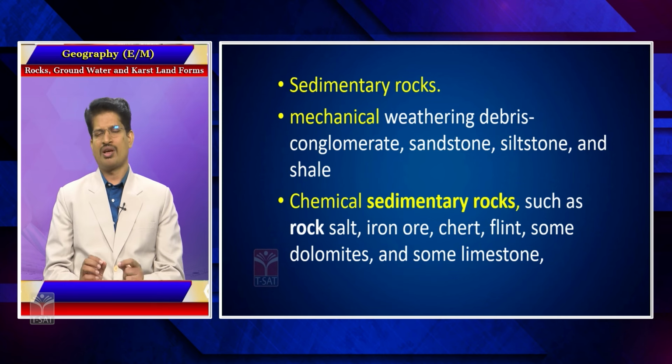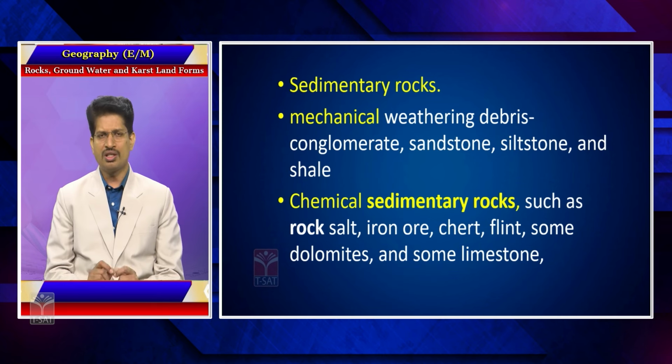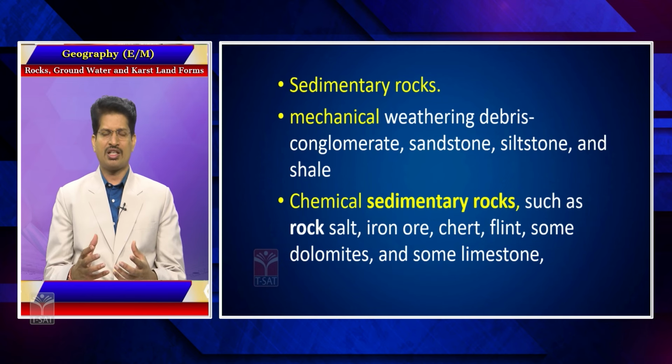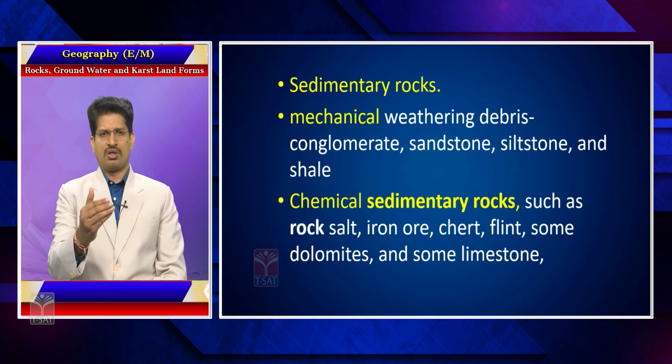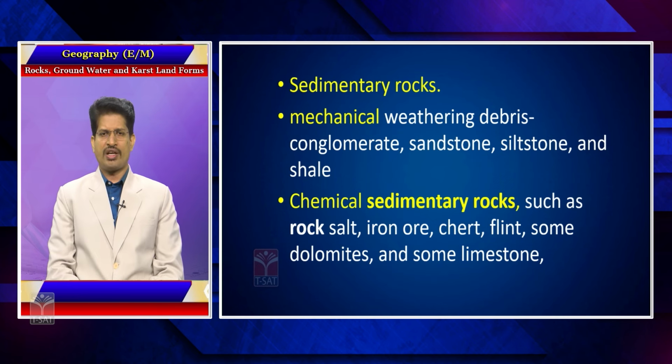So, there is no chemical change or change in the composition of the mineral of the rock. There is just a larger particle becoming a smaller particle. This is known as mechanical weathering. Sedimentary rocks like sandstone and shale are classic examples resulting from mechanical weathering.